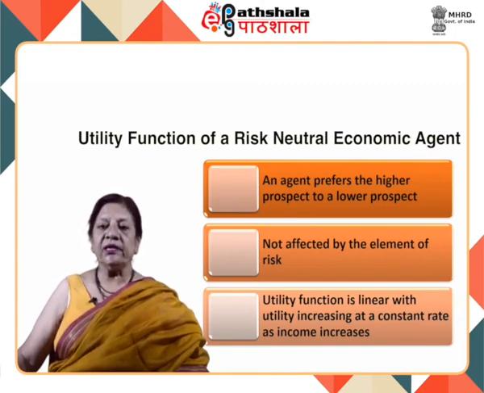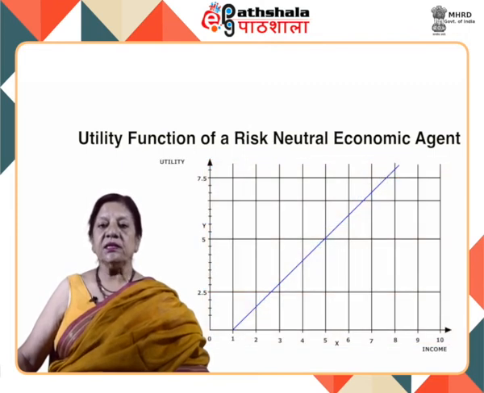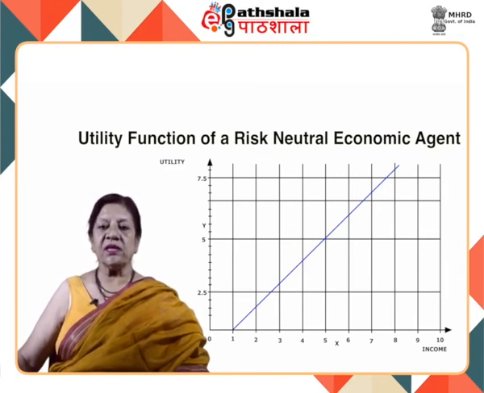His utility function is linear, with utility increasing at a constant rate as income increases. Consider a utility function such as u = y. In this case, the chord between any 2 points coincides with the utility function.